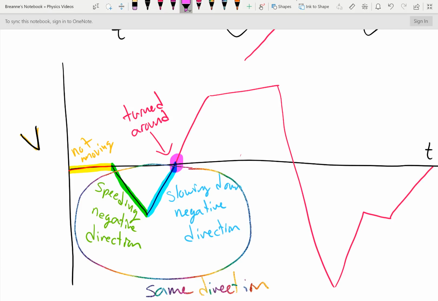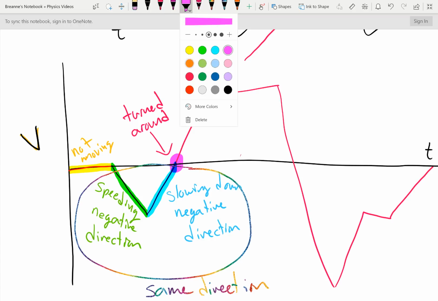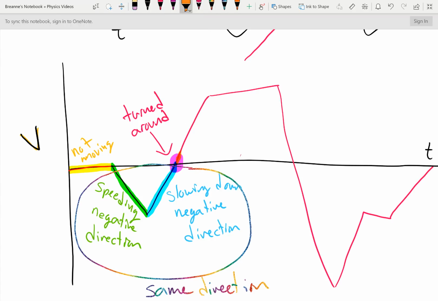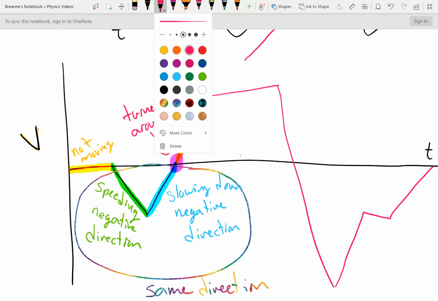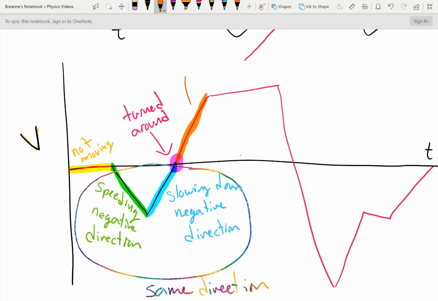So you physically turned around. So at this point, right here, you are speeding up in the positive direction.